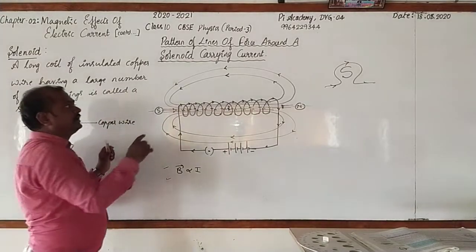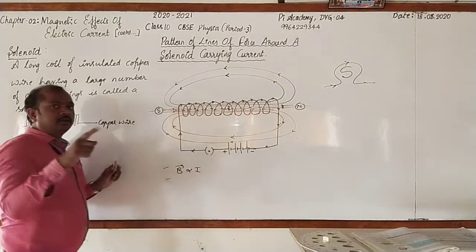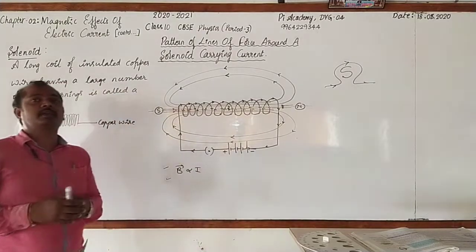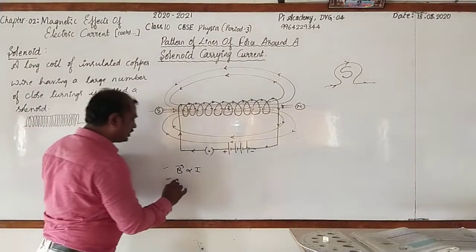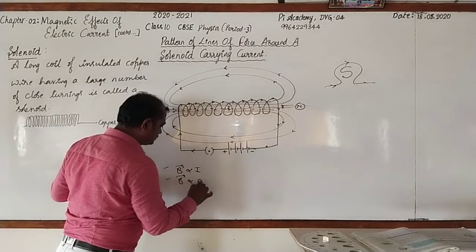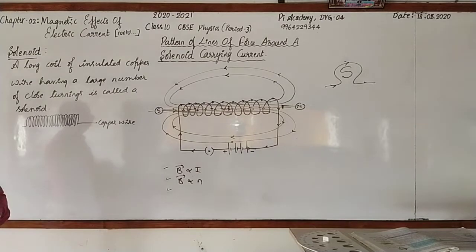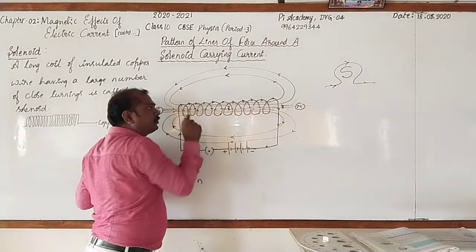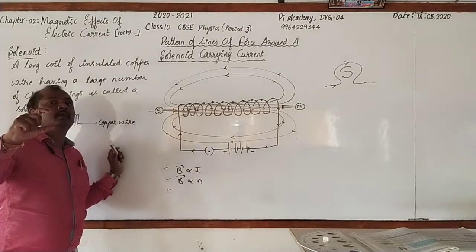Second one, see that here also in the coil there will be a number of turns. As the number of turns increases, obviously the field strength also increases. So B is directly proportional to N. Then other than that, look here, when you take each turn, its diameter will also be responsible.